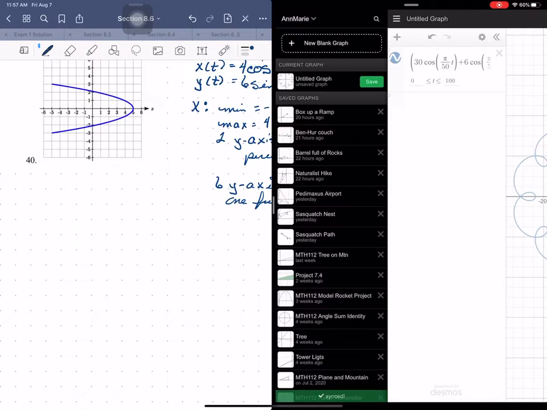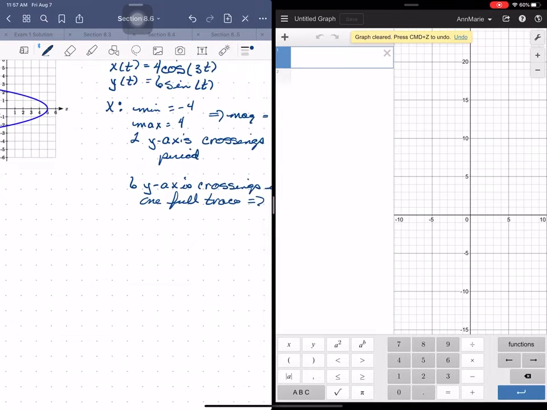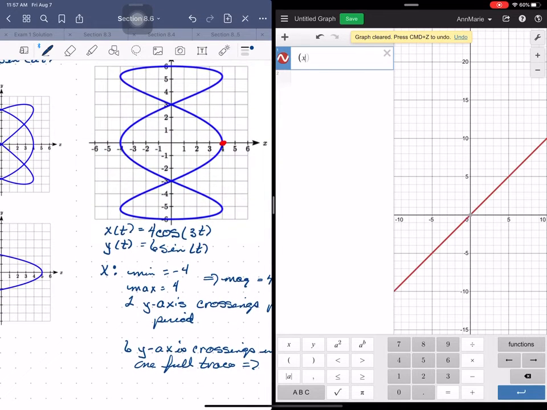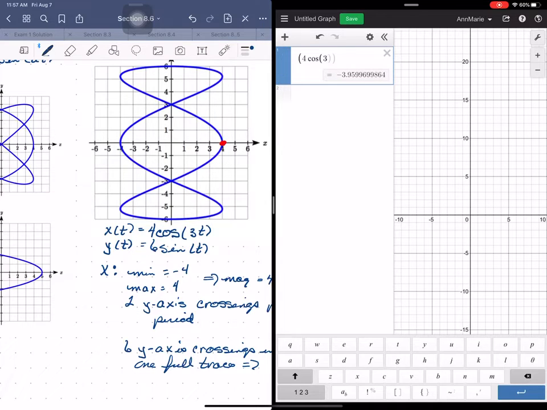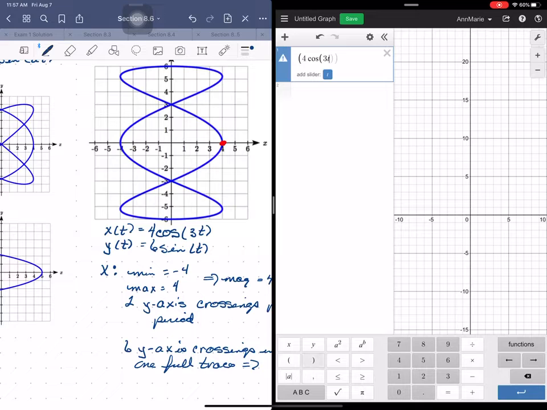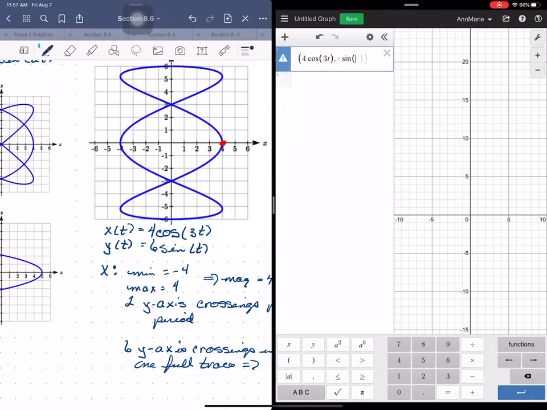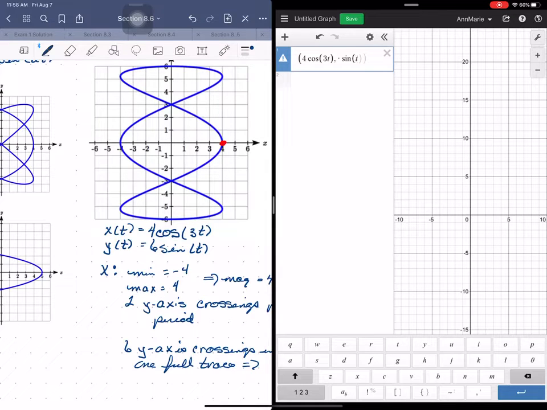So I'm going to check this with Desmos. And we're going to see what I get. So in my x place, I'm putting 4 cosine 3t. And in the y place, I'm putting 6 sine t.